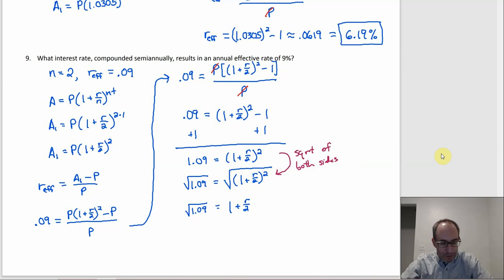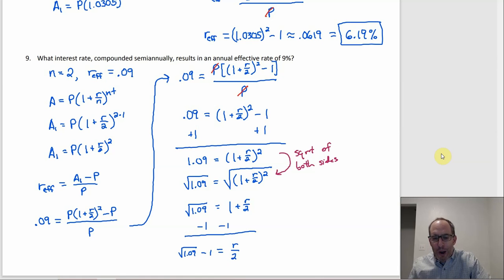So like you subtract 1 from both sides, and you'd get that the square root of 1.09, whatever that is, minus 1 is equal to R over 2. And if you want R by itself, you got to multiply both sides by 2. So then, because I'm kind of out of room, I got to move up here.